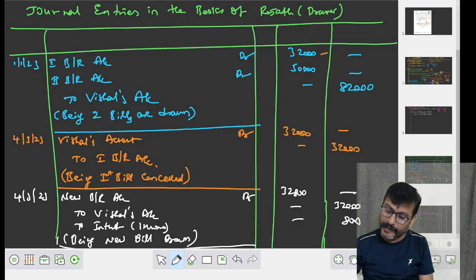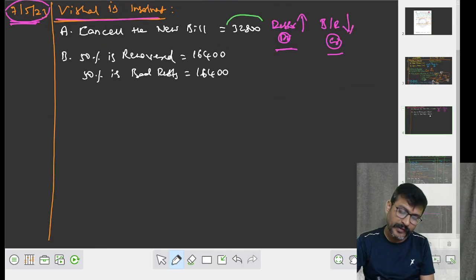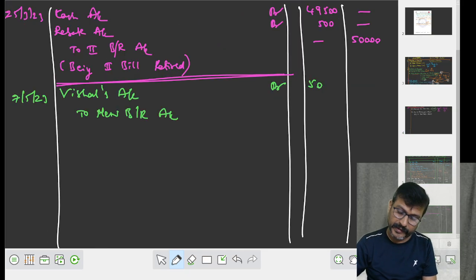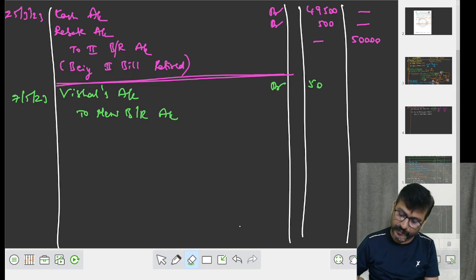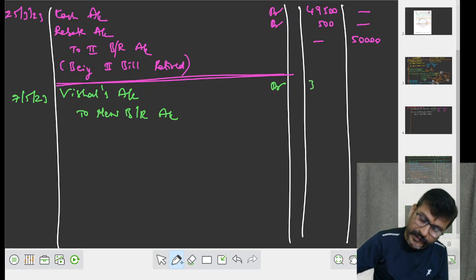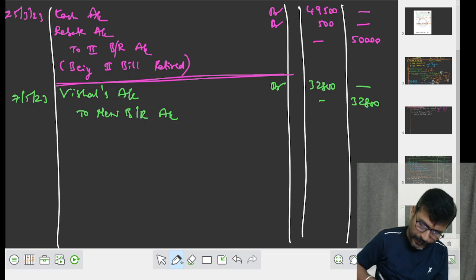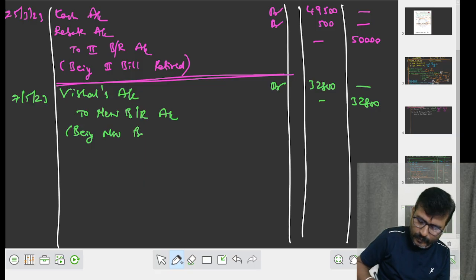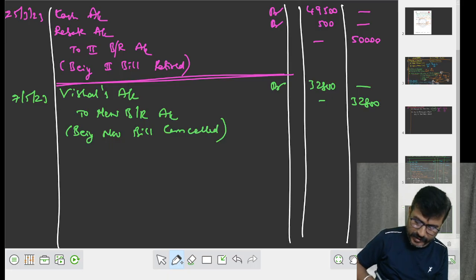The amount of the new bill is 32,800. Being new bill cancelled.